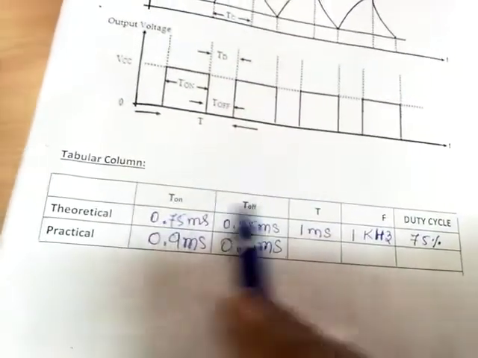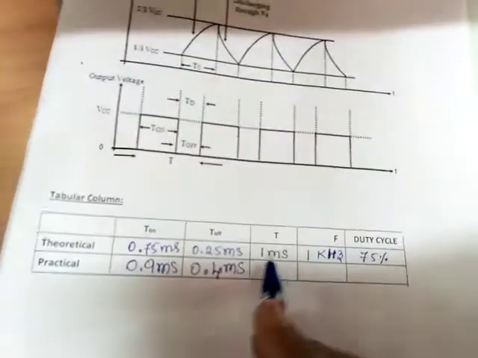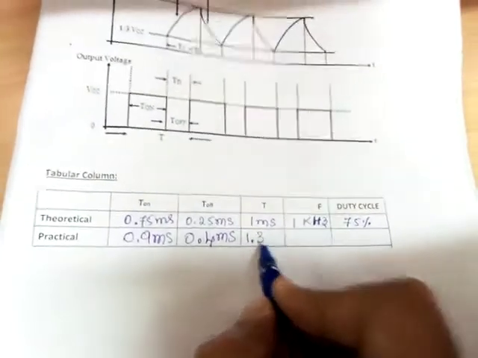So what is T? T is nothing but T on plus T off. Now you add 0.9 plus 0.4, it is 1.3 milliseconds.